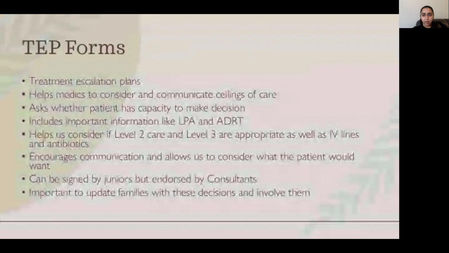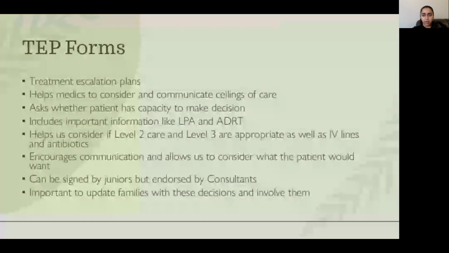So TEP forms help us decide whether IV antibiotics are appropriate, and those kinds of things as well. It can be signed by an F1, so we can sign that we've had that communication, we've spoken through that form with them, and this is what the patient would want. But it's normally best to have it endorsed by a consultant, and they can just sign on the bottom saying they're happy with what we've discussed with that patient.